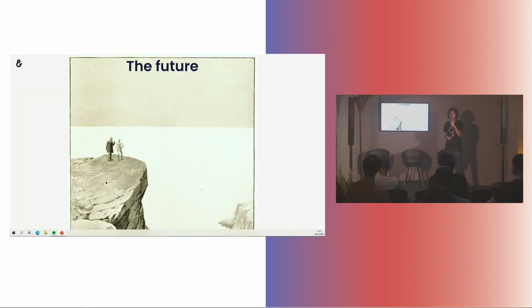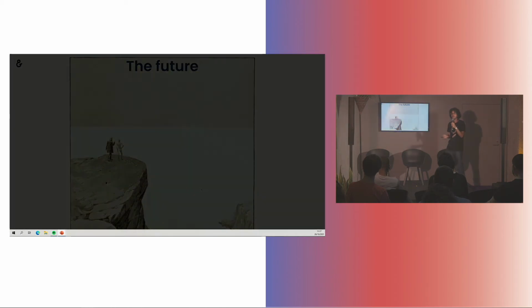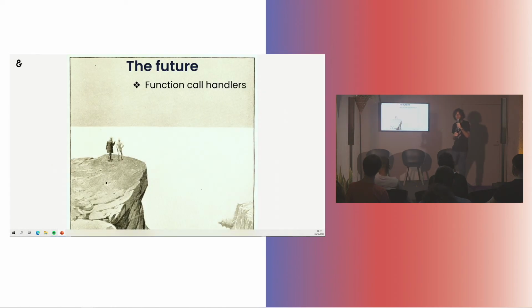So what do we have in store for the future? Function call handlers for Near. We do have the receipt handlers, but function calls are at a more granular level. Receipts are great for parsing the logs, but emitting the logs has a gas cost for the contract.